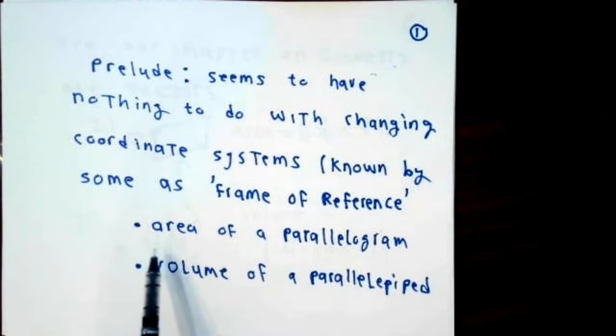We need to remember the area of a parallelogram, which we'll use in this discussion. Later, when we go up into 3 dimensions, we will need to know the corresponding fact for the volume of a parallelepiped.